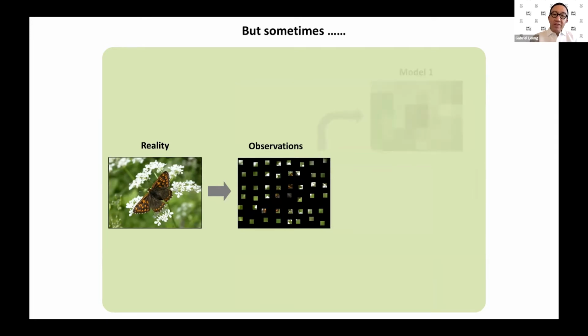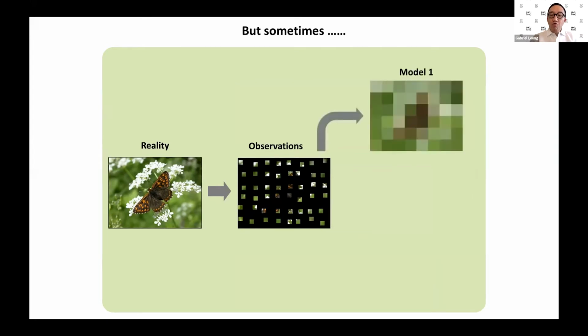What you try to do is reconstruct reality from your set of parsimonious observations in real life. Model one gives you that. Then as you refine model one, it gives you this picture.